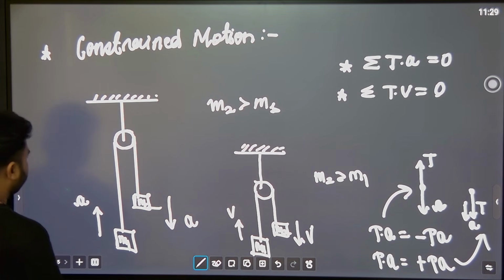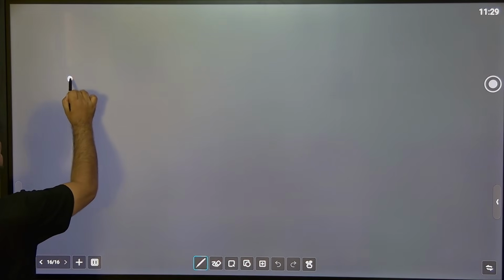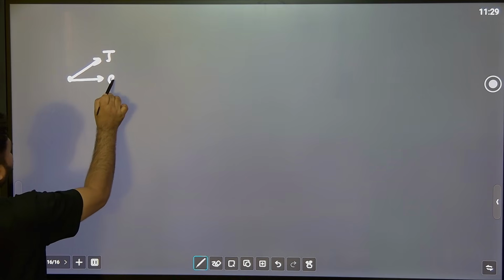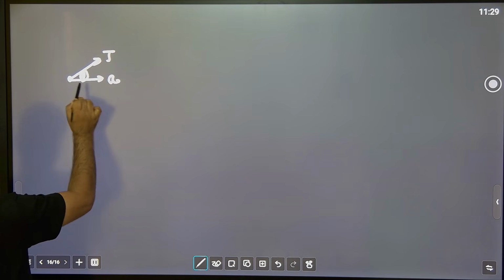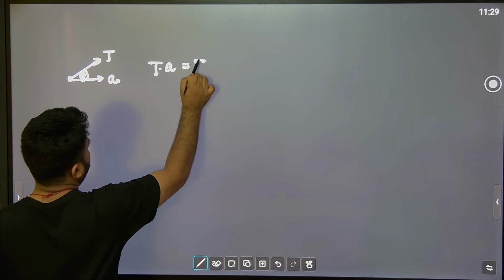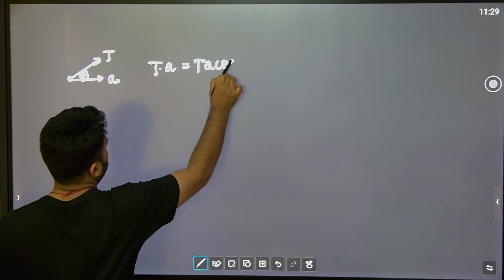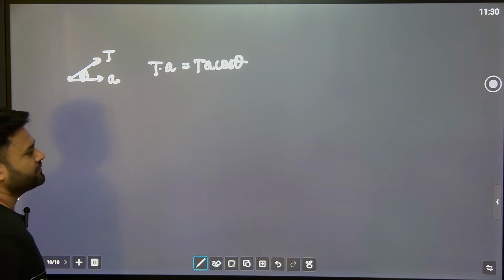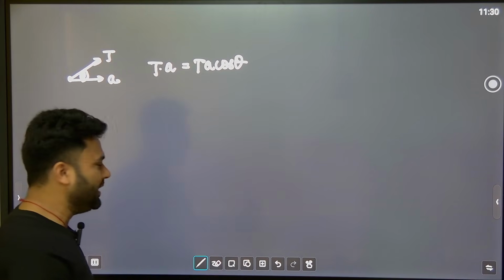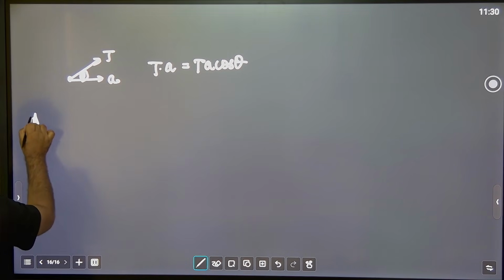Acha, if tension is like this and acceleration is like this and there is an angle theta between them, then what will you write for T dot a? You will write TA cos theta. Based on this, I will give two questions so that it is more clear what I am talking about.